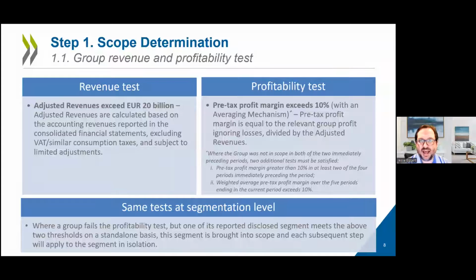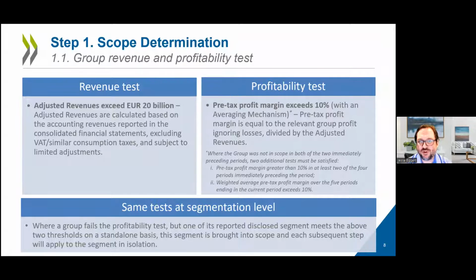Once you've passed that revenue test, you're covered, again, only if your pre-tax profit margin for the period exceeds 10%. The pre-tax profit margin is the adjusted profit before tax divided by your adjusted revenues.